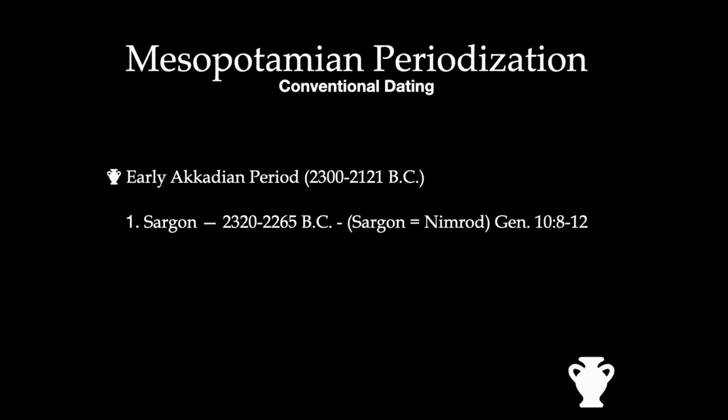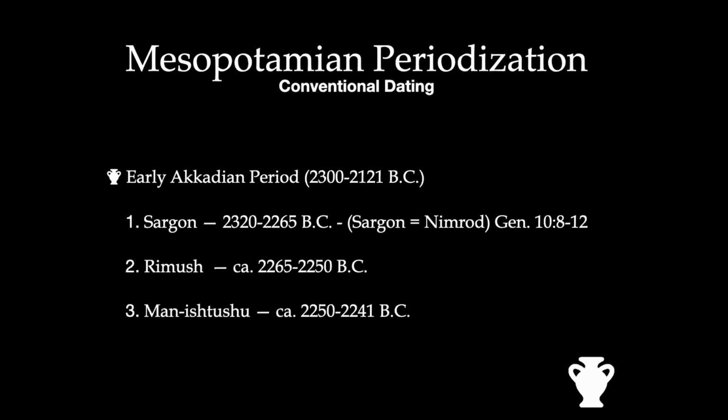And when we read the biblical characteristics of Nimrod, and when you look at the historical inscriptions about Sargon, they match perfectly. And he's also connected to some other things as well. So there's some pretty good circumstantial evidence that Nimrod, mentioned in Genesis, is none other than Sargon the Great, Sargon the first empire builder in history.